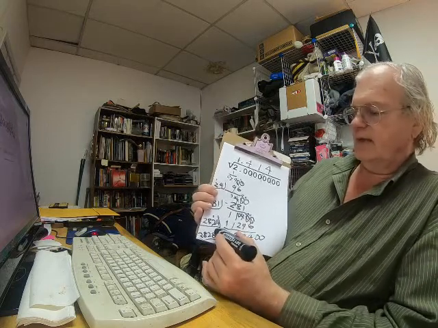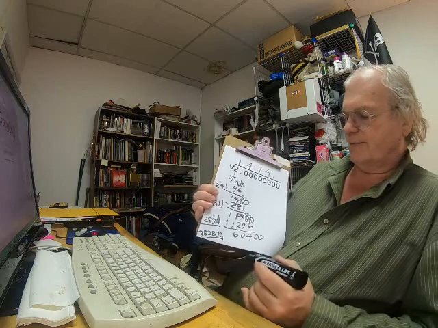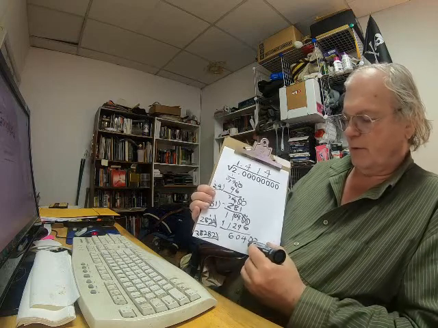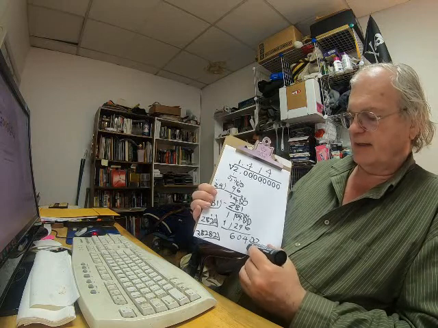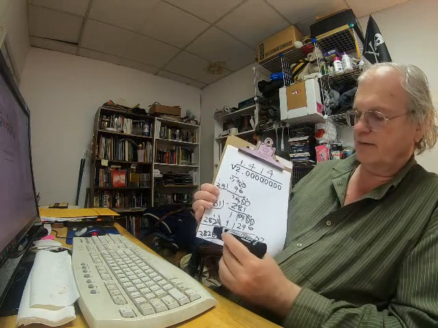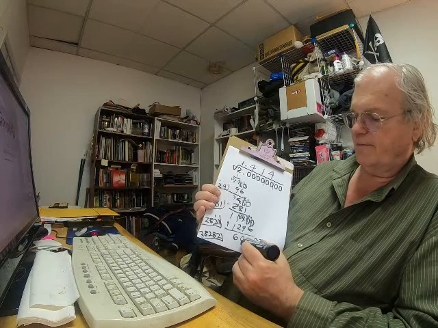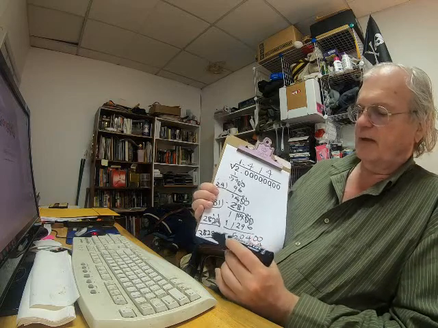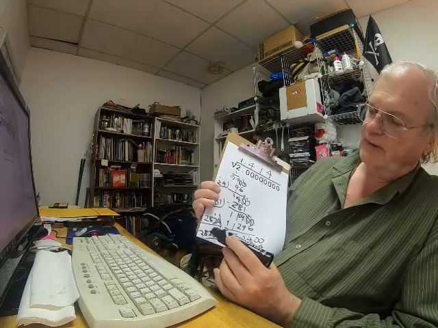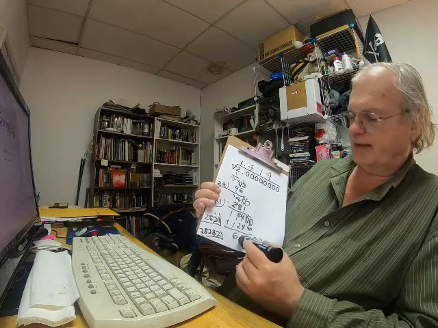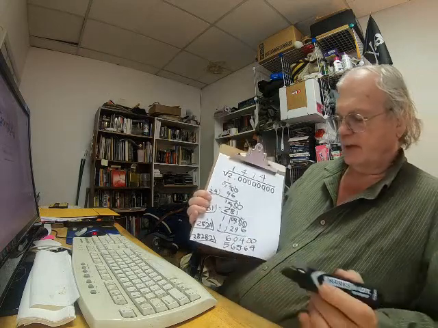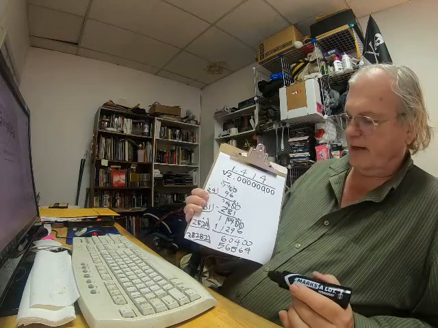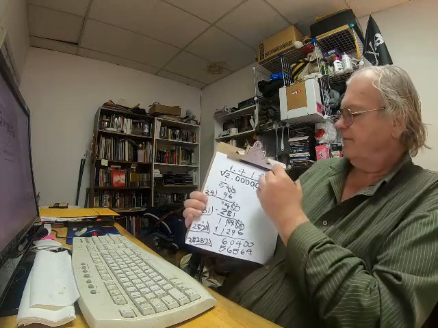Well, it probably goes in there 2 times. 2 times 2 is 4. 8 times 2 is 16. Carry the 1. 2 times 2 is 4, 5. 8 times 2 is 16. 2 times 2 is 4, 5, 6. And, well, it looks like 2 goes in there.